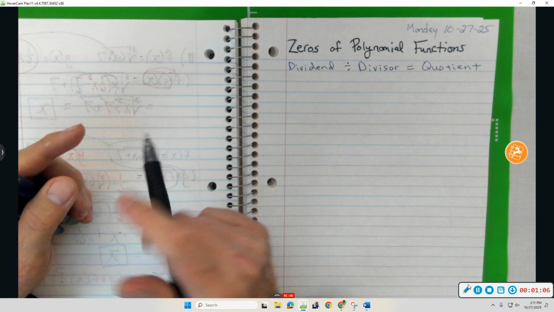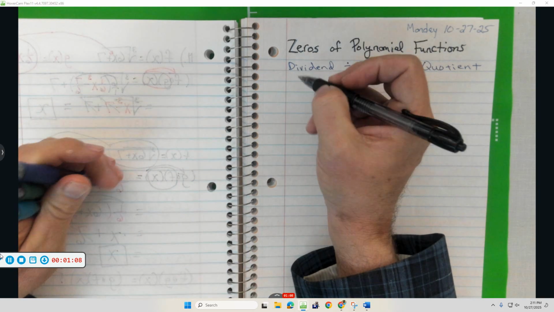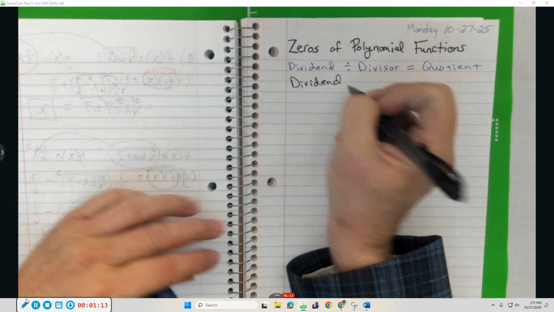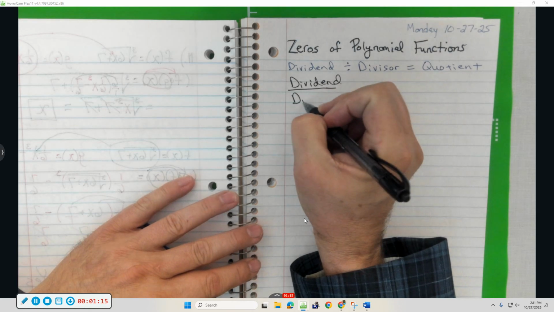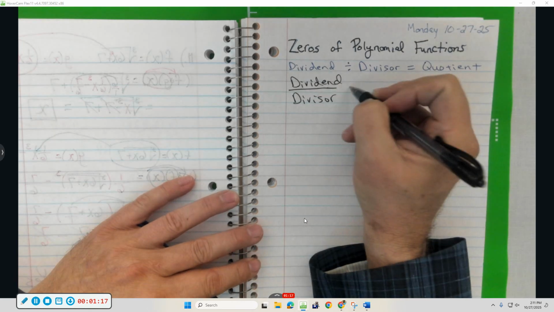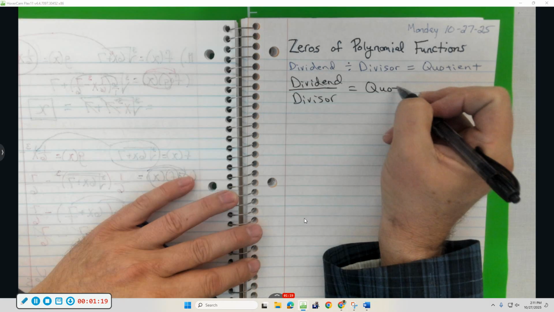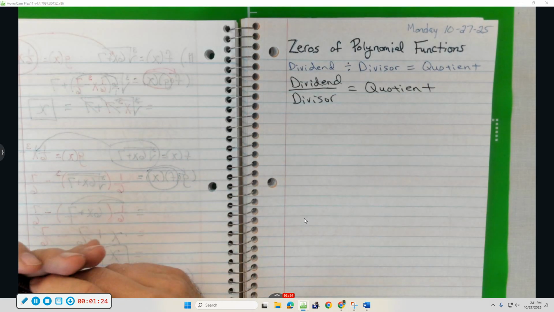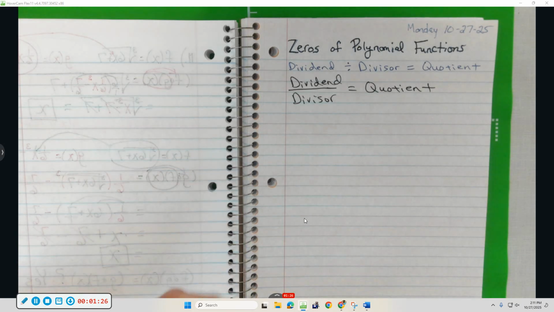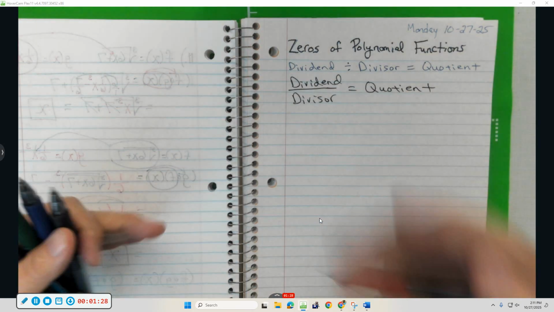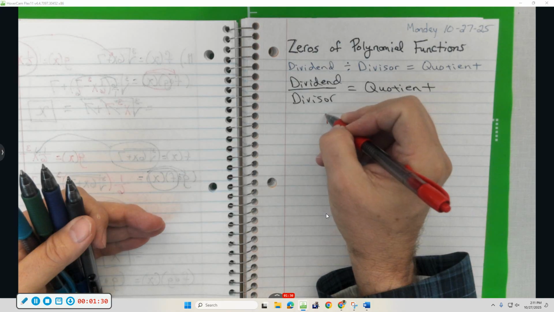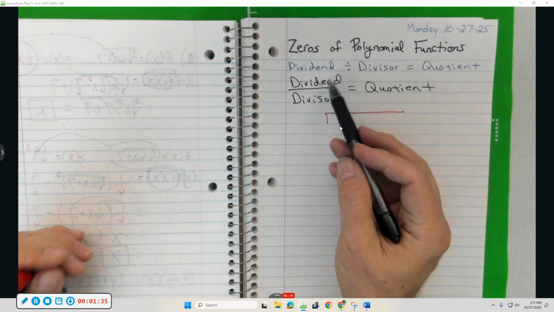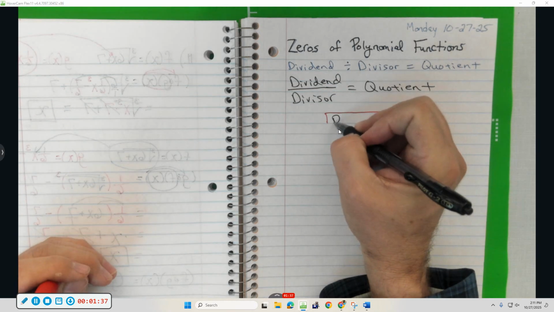My favorite method is just using the old fraction bar: dividend over divisor is equal to quotient. And with the long division symbol, the thing that's being divided, the dividend, is what goes underneath it.